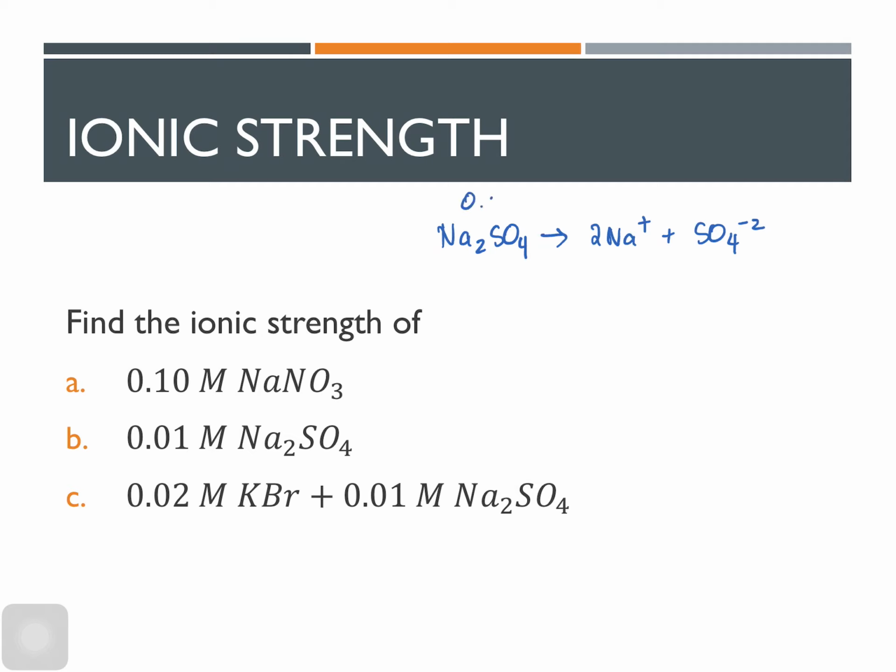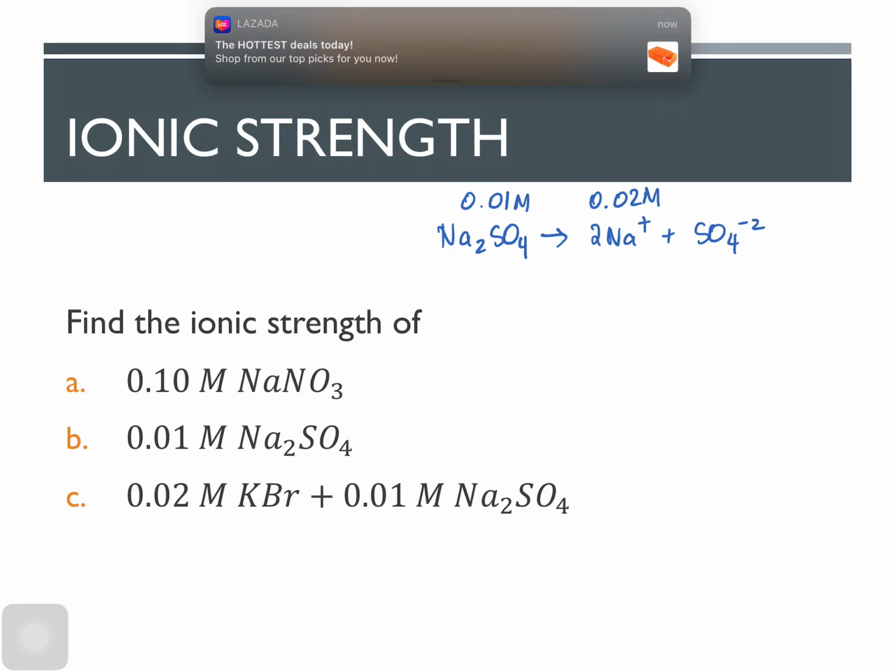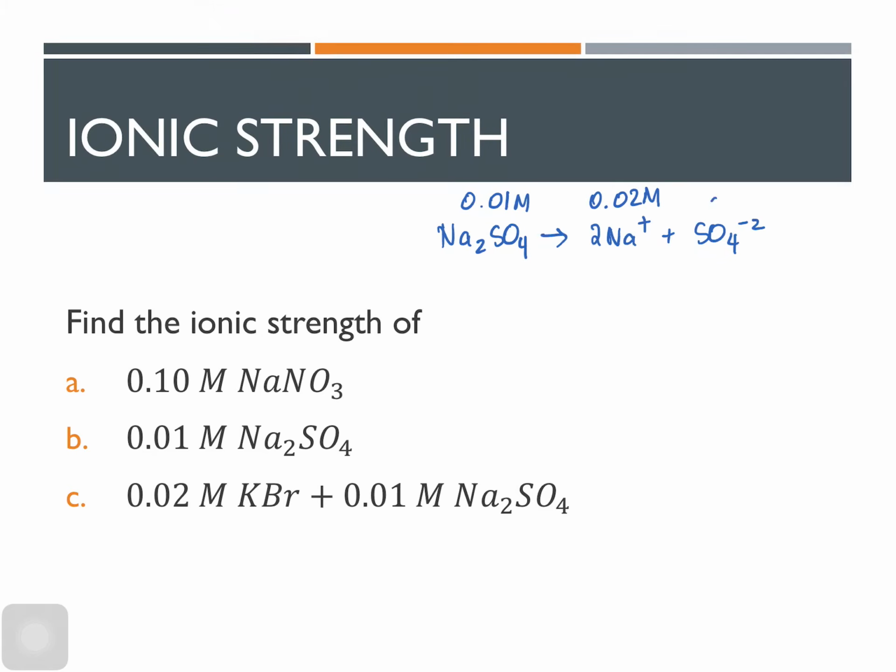If we have 0.01 molar of this, based on stoichiometry, we will have 0.02 molar of sodium ion and 0.01 molar of sulfate ion. To solve for the ionic strength, mu equals 1/2 times the concentration of sodium times positive 1 squared plus the concentration of sulfate times negative 2 squared.